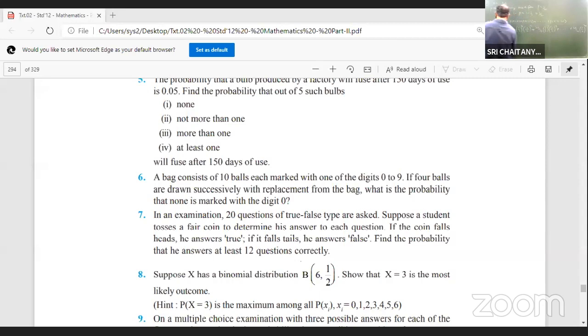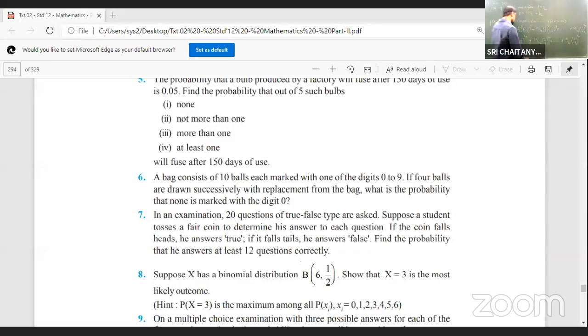Now, 20C12 into 1 by 2 to the power of 20, plus 20C13 into 1 by 2 to the power of 20, and so on, plus 20C20 into 1 by 2 to the power of 20.